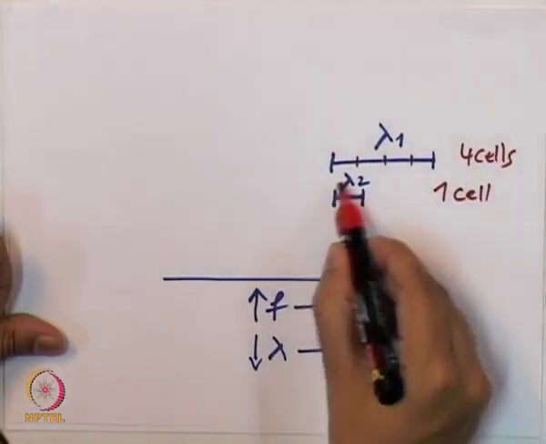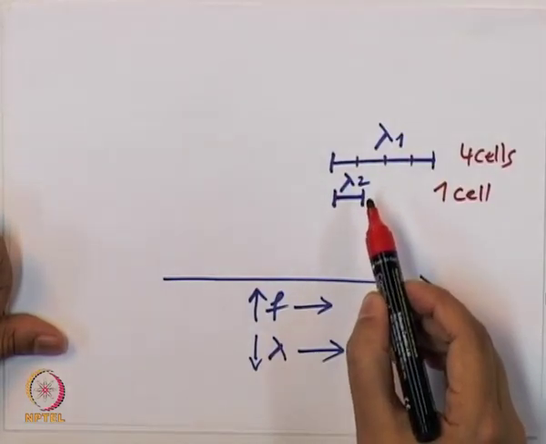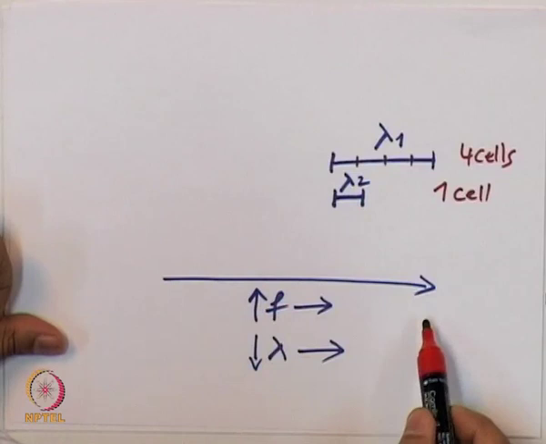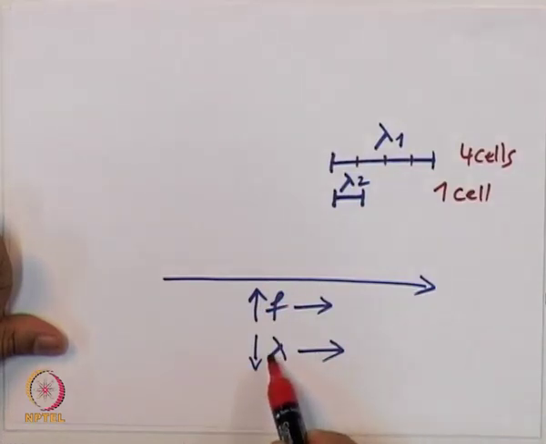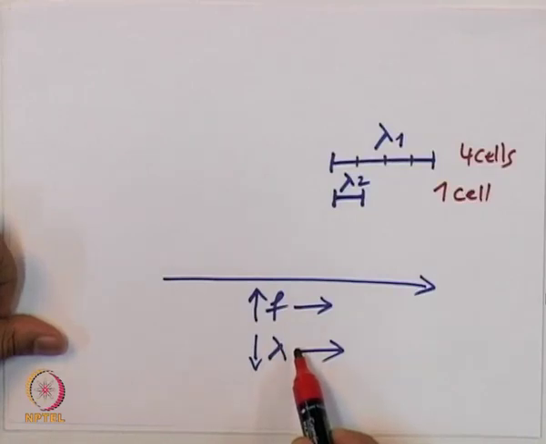So from the spatial discretization point of view, increasing the frequency is going to create poor performance, because the lambdas are going to become smaller and smaller.